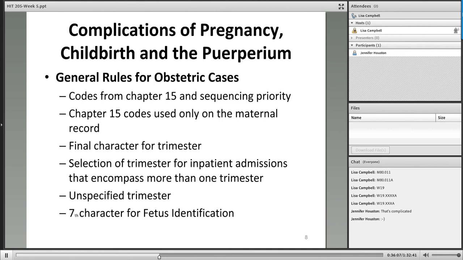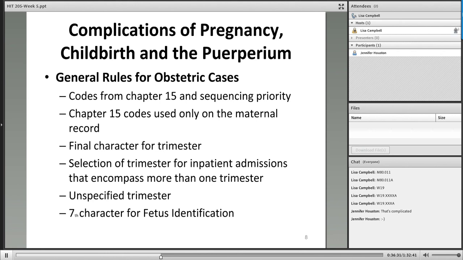The trimester character for the antepartum complication code should be assigned on the basis of the trimester when the complication developed. So this is what you have to do at home for those guidelines to sync. It's not the trimester at discharge. It's when the complication developed.